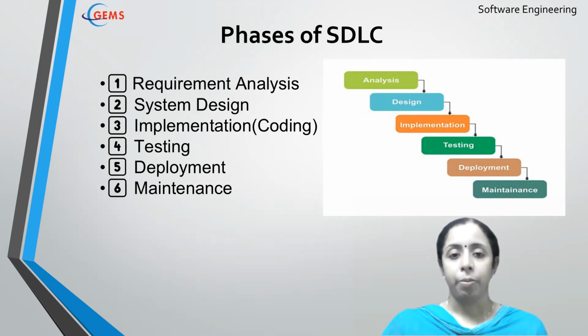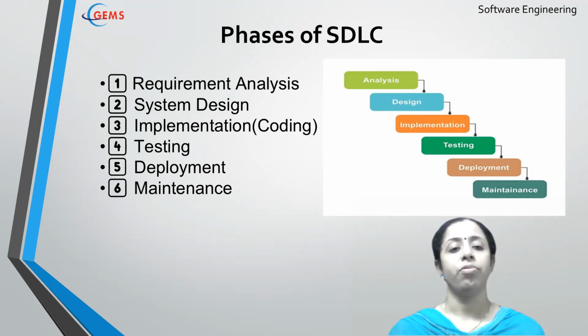Next one, implementation, otherwise we can say coding. Fourth stage is testing. Fifth one, deployment. And the last one is maintenance. So simply, we can say that there are 6 main phases in SDLC. These 6 phases together we can say are the software development life cycle.